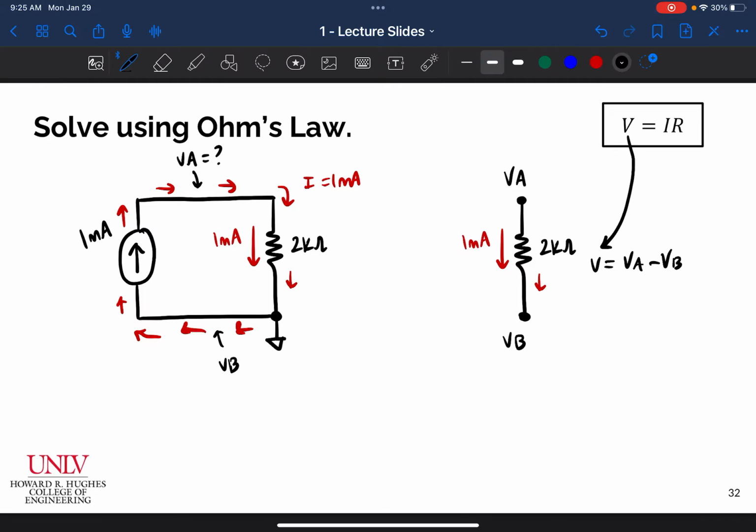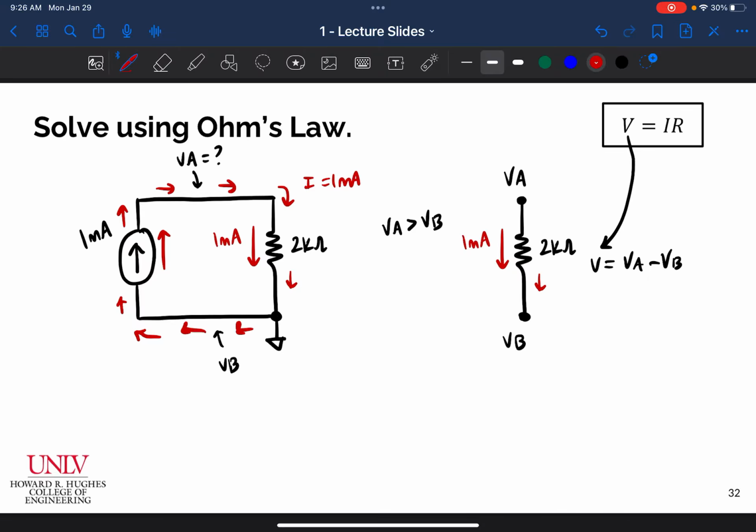And since I know the direction of current flow, I should know right off the bat that VA is greater than VB in this circuit. I drew my current based on the current source, which tells me the current is flowing up on the left-hand side and then down on the right-hand side, because it flows clockwise through this circuit based on the direction indicated by my source.